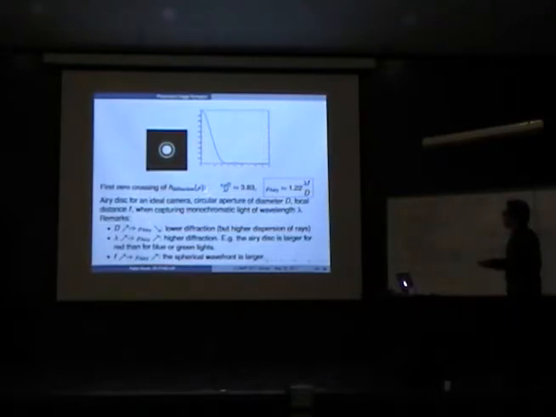So let's see what happens. This is the kind of image you get. Okay. So what happens when d increases? When d increases, we have lower diffraction. We know that. But we have higher dispersion of rays, which is not modeled here. When lambda increases, then we have higher diffraction, and the Airy disk gets larger.